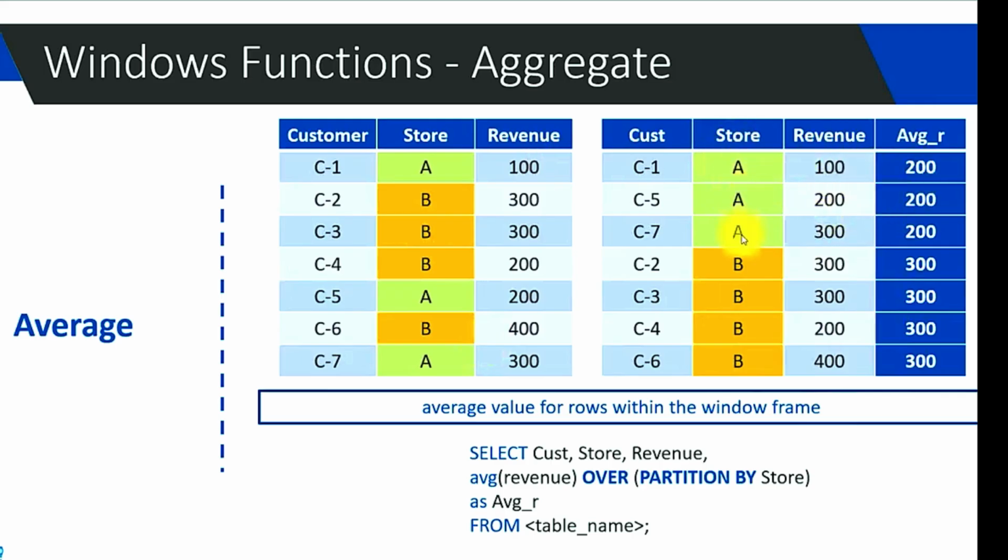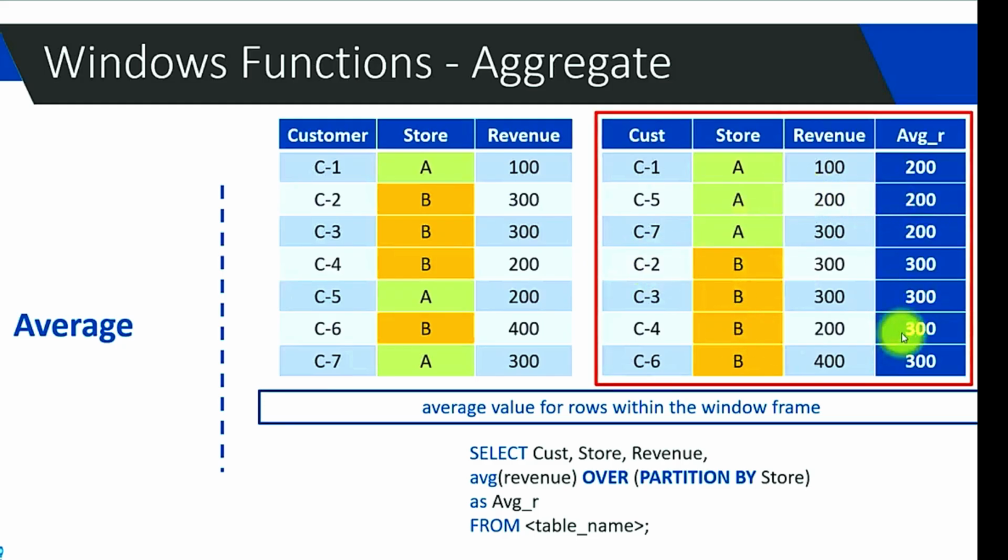For store A, the revenues are 100, 200, 300, so the average revenue should be 200, 200, 200. Similarly, for store B customers, the values are 300, 300, 200 and 400. If you add all this and divide it by 4, the average comes out to be 300. So I want 300 in front of each customer from store B. This is the final table we want.